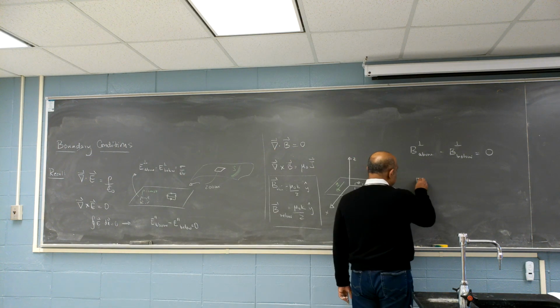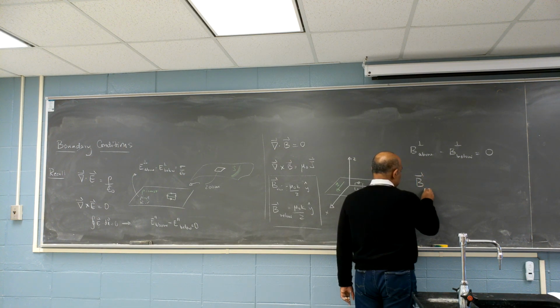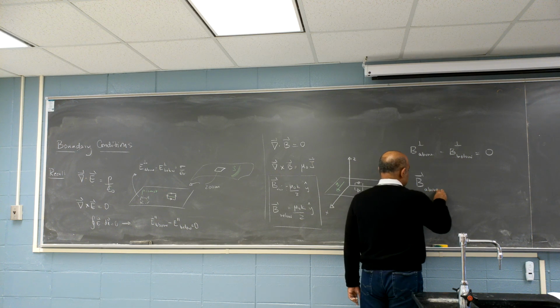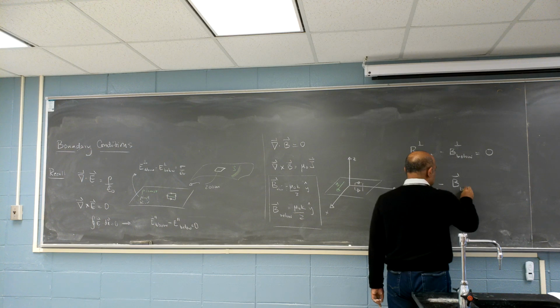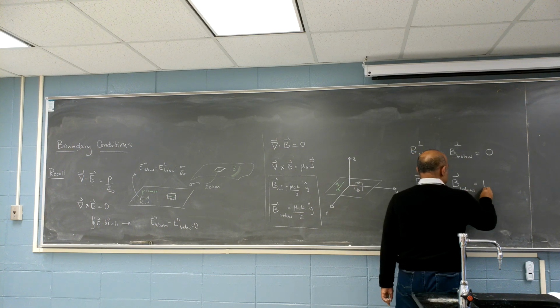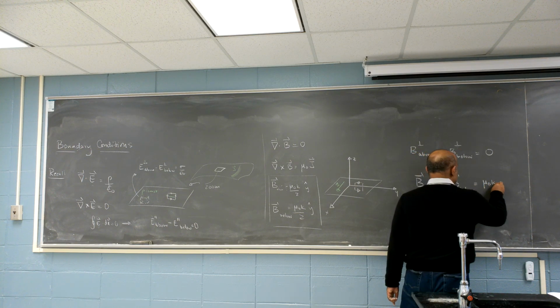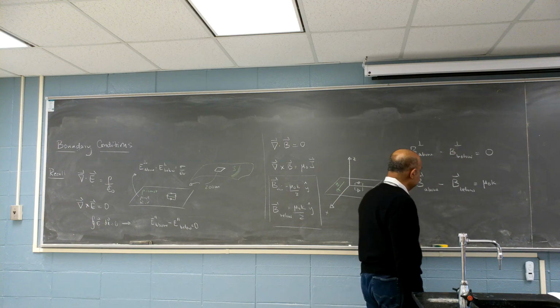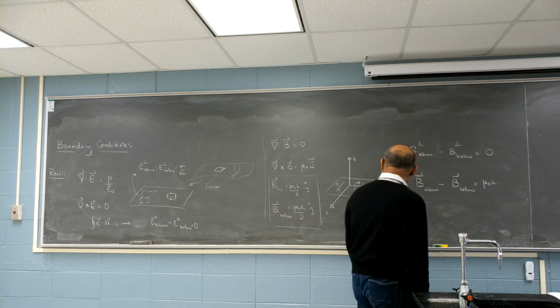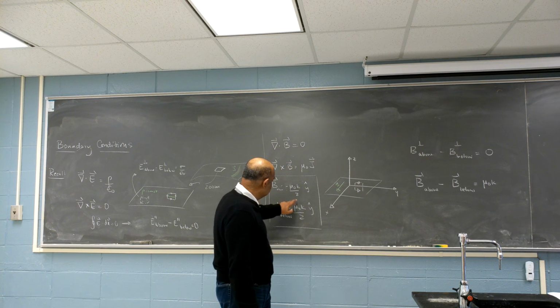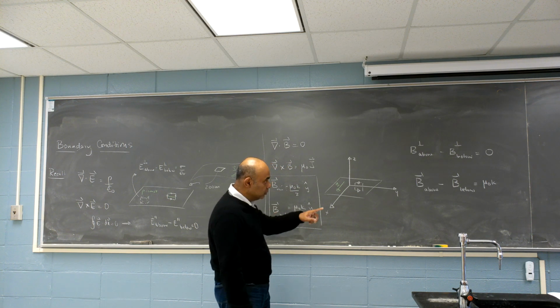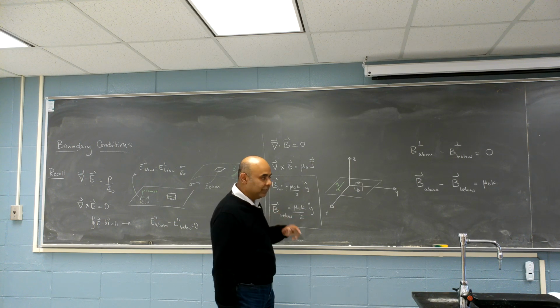I will write it as B above minus B below equals mu naught K. Because if I subtract these two, the 2's would vanish. So there's no over 2. Now I have to figure out direction.